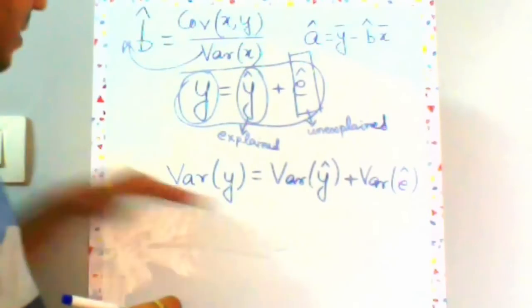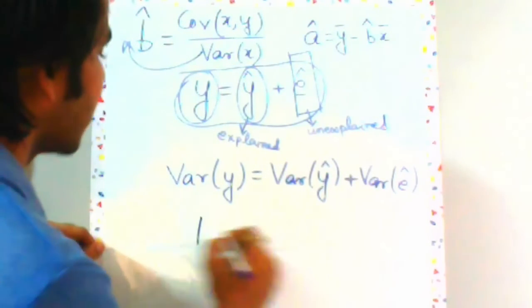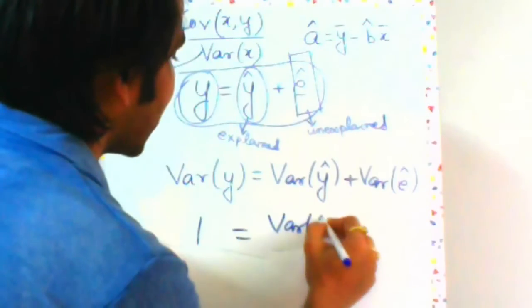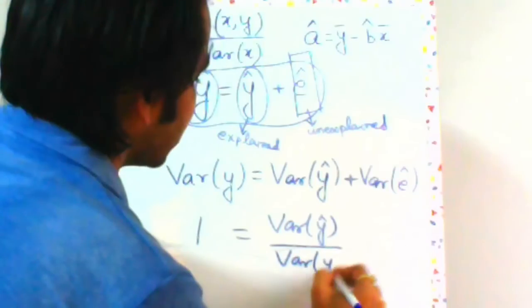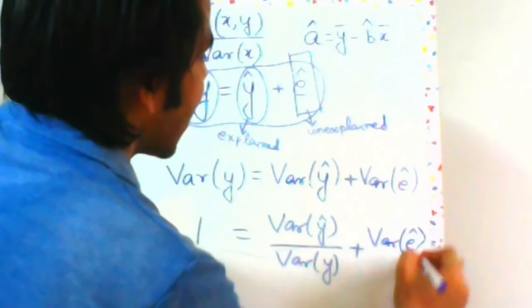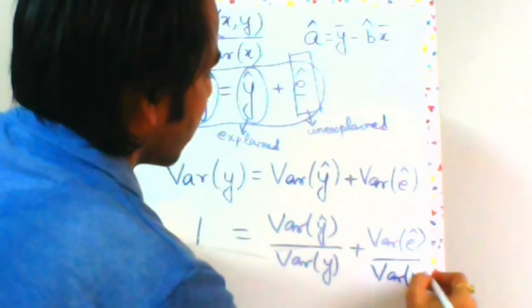If we divide this whole throughout with variance of y, we will get 1 is equal to variance of y hat upon variance of y plus variance of e hat upon variance of y.